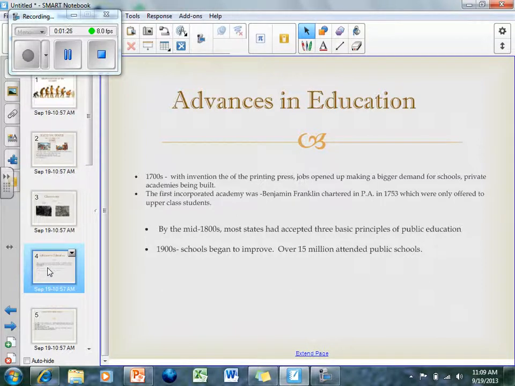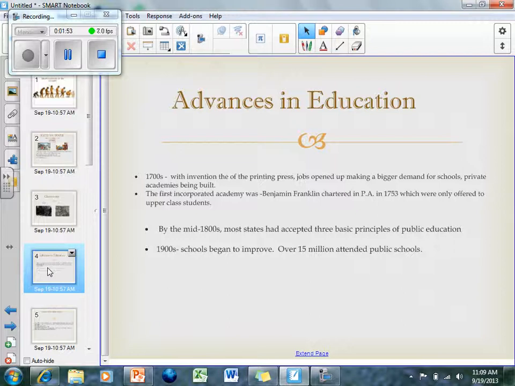Some of the advances in education came first in 1700, with the invention of the printing press. Jobs opened up. It made a bigger demand for schools. Private academies were being built. Also, the first incorporated academy was Benjamin Franklin's charter school in Pennsylvania in 1753, which was only offered to upper class students.